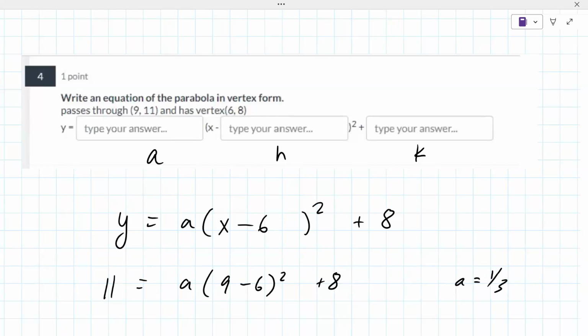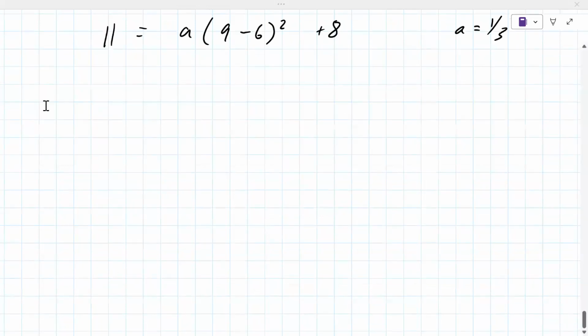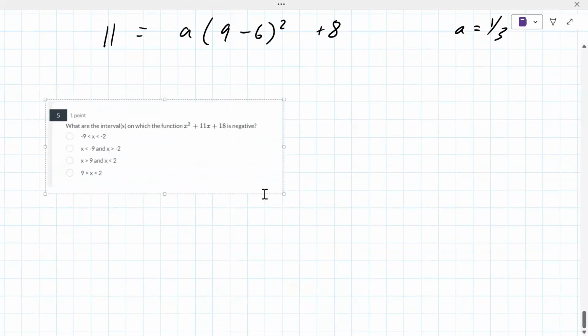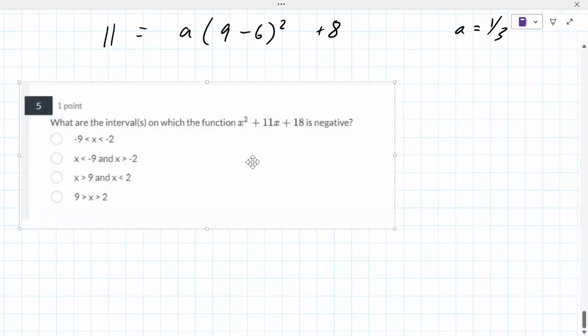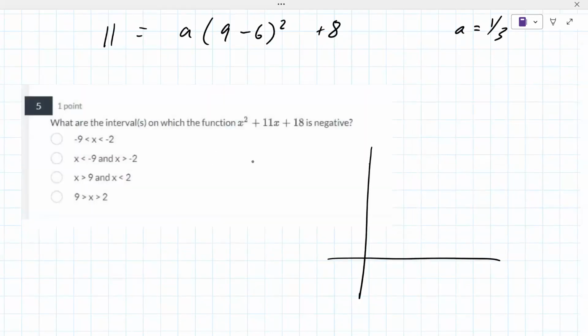Okay, number 5. All right, so if you were to graph this, you would notice that it looks like this. So you're looking for this place and this place on the graph.